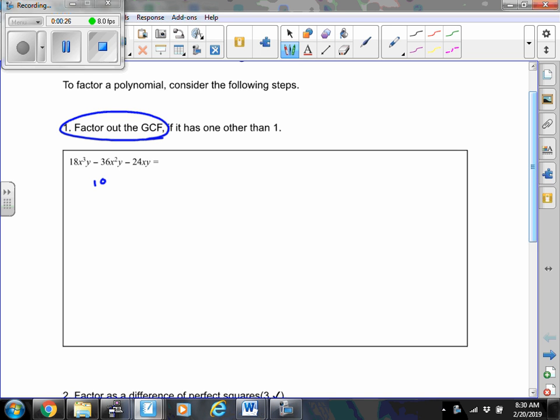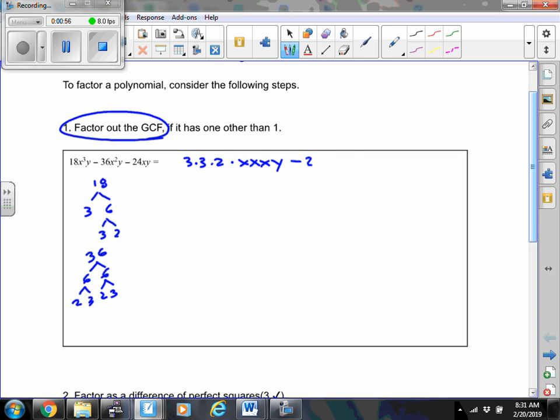So 18 is 3 and 6, 3 and 2. So that gives us 3 times 3 times 2 times x times x times x, y. Subtract. Now we're going to do 36. 36 factors out to 6 and 6, 2, 3, and 2 and 3.